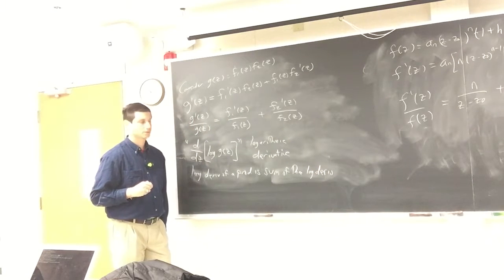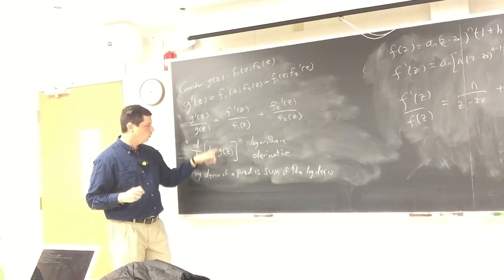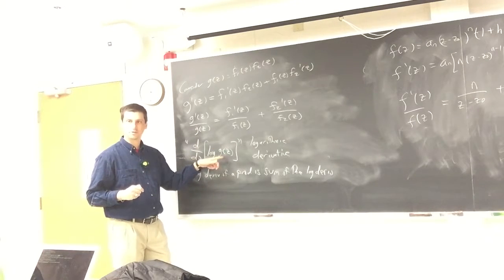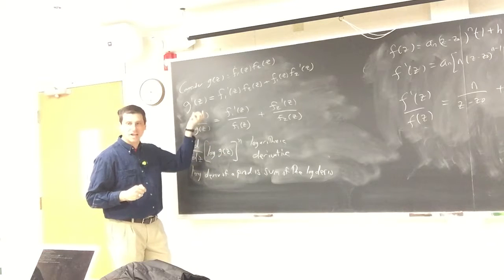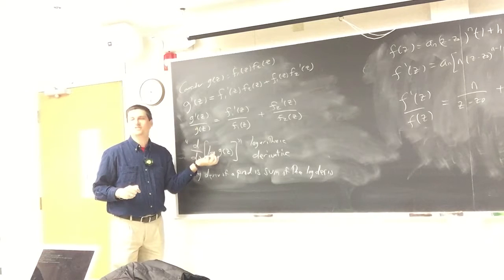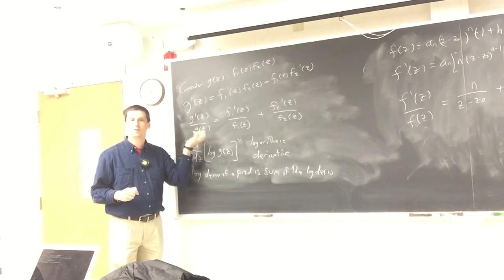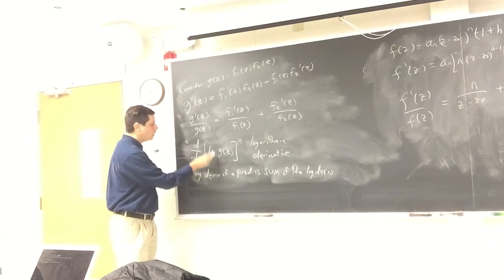Why is that logarithmic? Well, if you take the derivative of log g, you get 1 over g times g prime. So this looks like the derivative of log g. We can't say that yet because we haven't really defined what the complex logarithm is. But at least it looks like the derivative of the log. So this is a new operation.